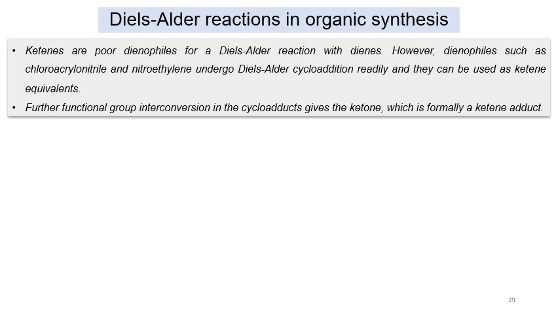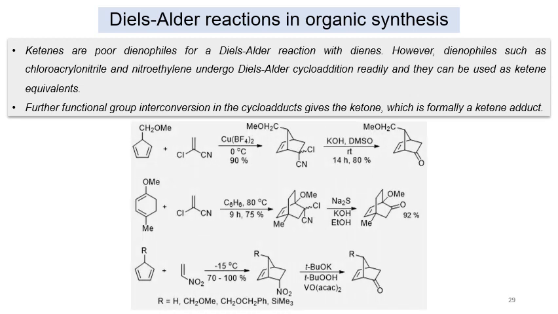Now, ketenes do not react very well in Diels Alder reactions with dienes. But if dienophiles, for example chloroacrylonitrile or nitroethylene, are used, these will undergo a Diels Alder cycloaddition, and they can be used as ketene equivalents. For example, let's see these particular transformations.